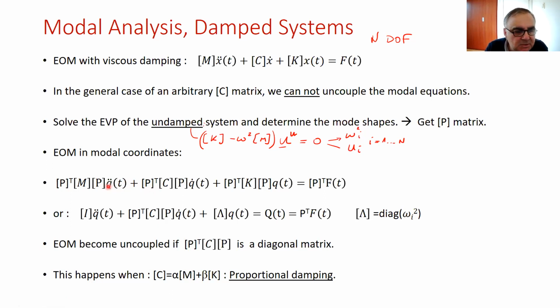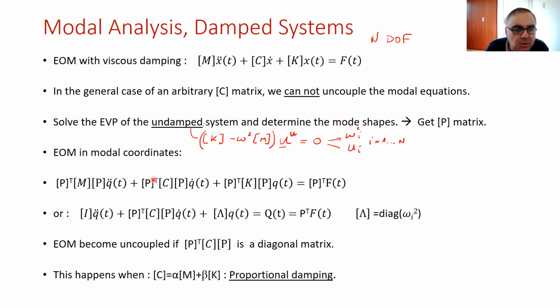You know, x is equal to Pq, and x double dot is equal to P q double dot. Then we multiply by P transpose and we get this triple product. We know that P transpose M P is identity, which is uncoupled. P transpose K P is Lambda, a diagonal matrix of the natural frequencies squared.